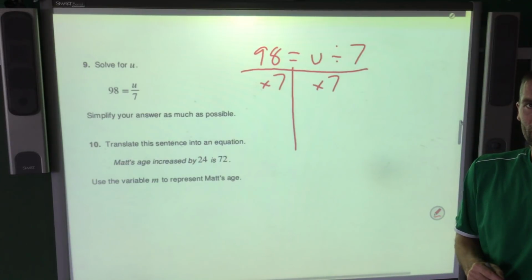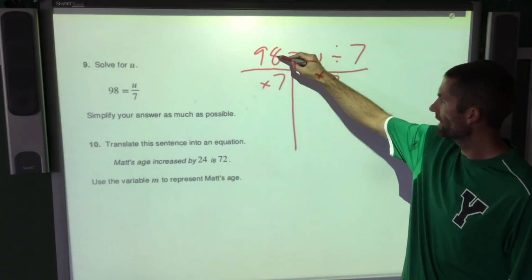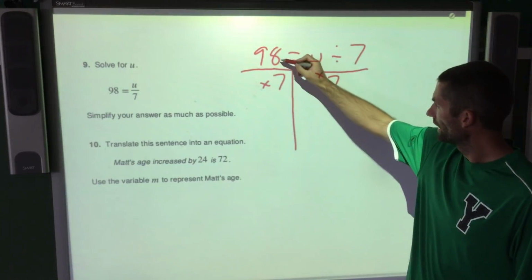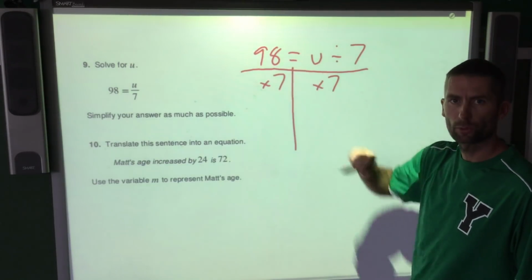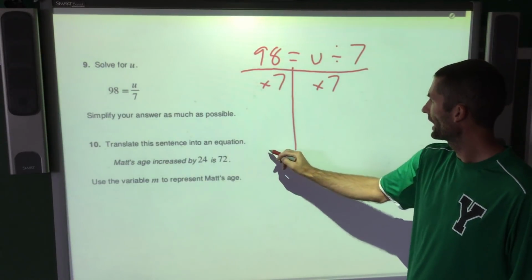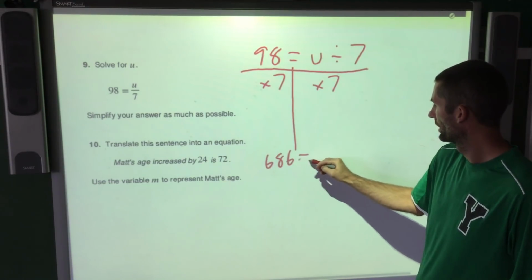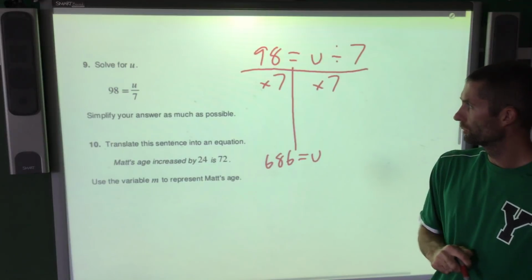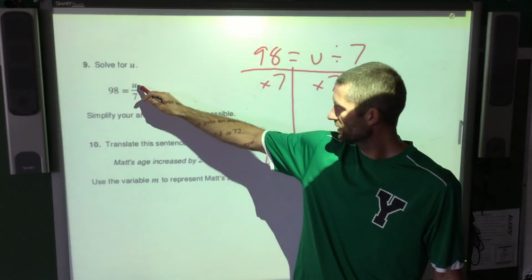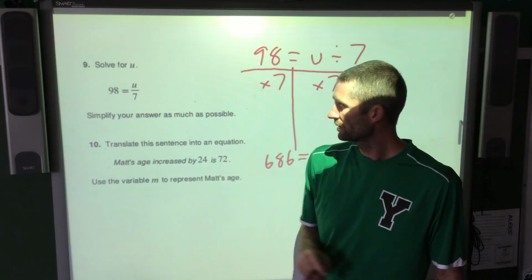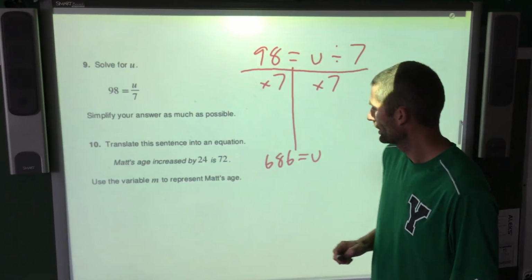That's one I can't do in my head. Well, I can do 7 times 100 in my head. That's 700. And then I'm going to subtract 2 times 7, 14. So 700 minus 14 is 686. 686 equals u. If we put 686 in here, 686 divided by 7 is 98.